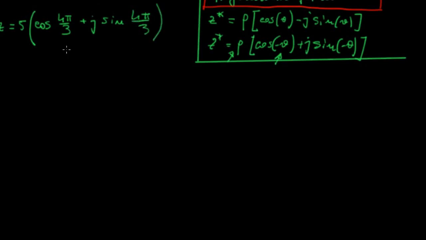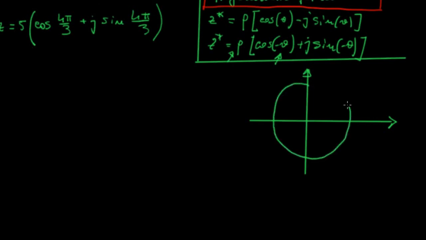Now, if we want to represent this on the Cartesian plane, what we soon observe is that the modulus of this complex number is 5. So this complex number has to be located on a circumference with radius 5. And the argument is 4 pi over 3.